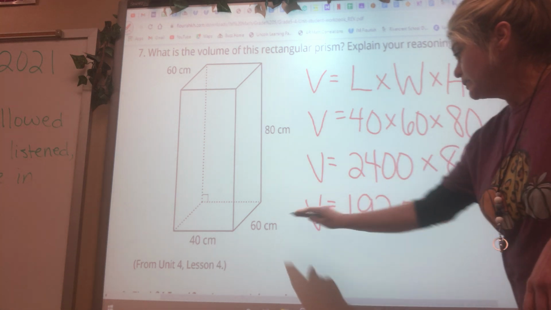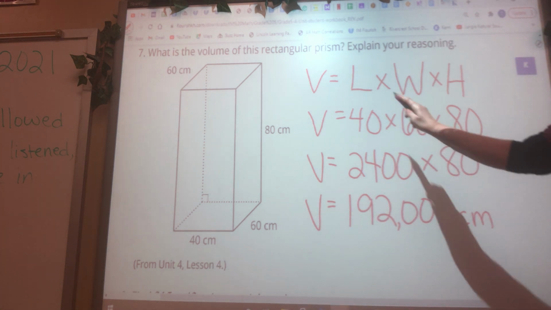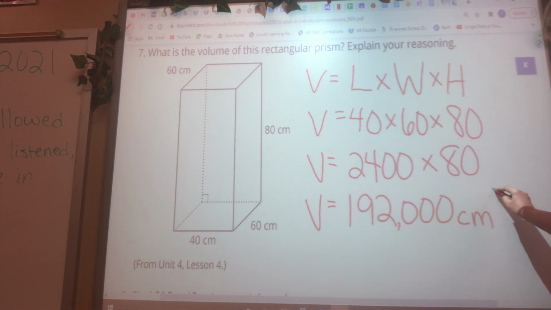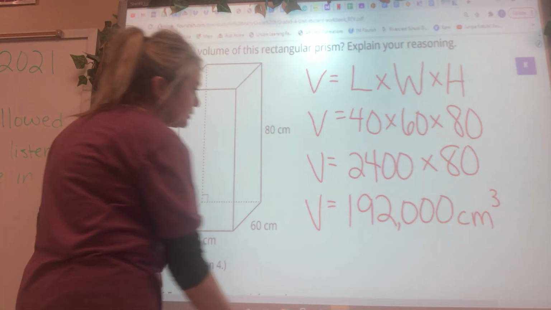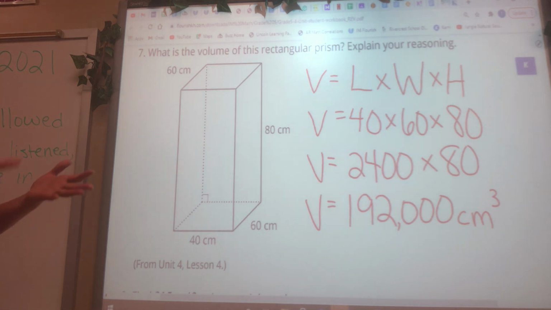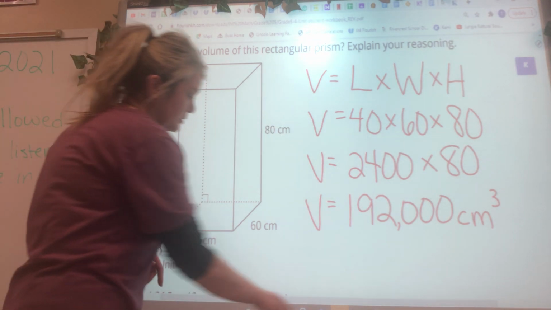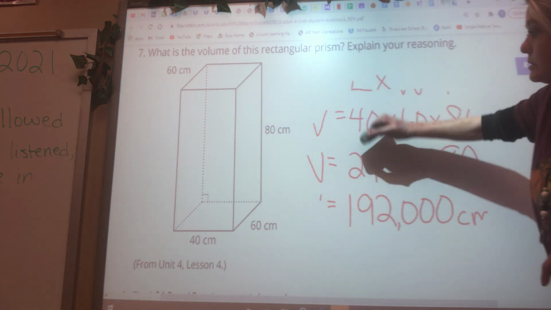We were dealing with centimeters, and anytime it's volume, volume has length, width, and height, so it's 3-dimensional. So we're centimeters cubed with the 3. So always remember to label your final answer with your units and whether it's 2-dimensional or 3-dimensional. So volume is always cubed for 3 dimensions.